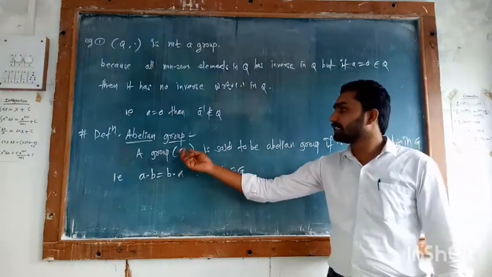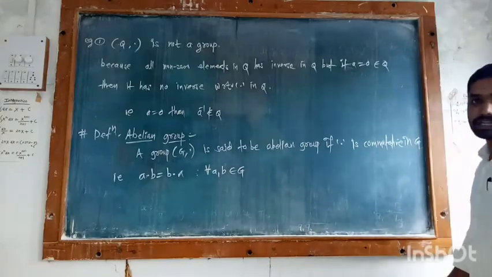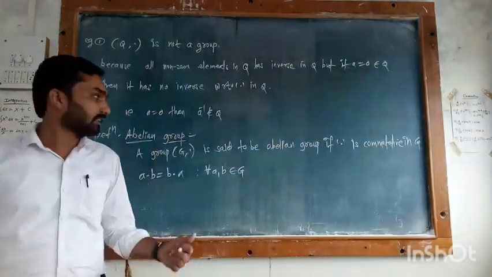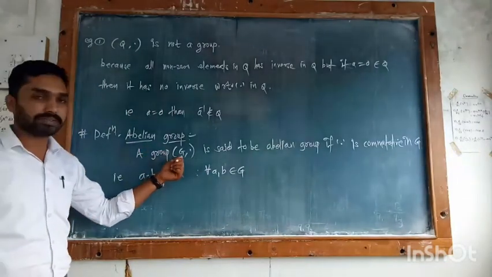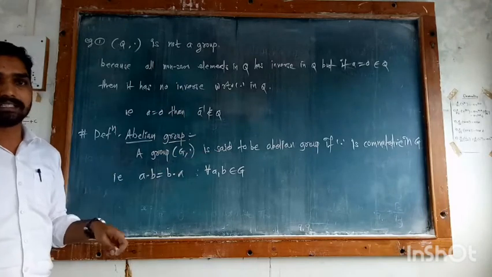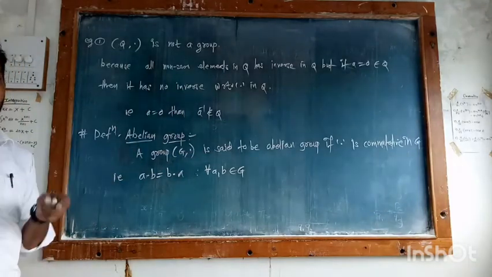Then this group G is said to be an abelian group. That means G is a group and it satisfies one more additional property, that is the commutative property.